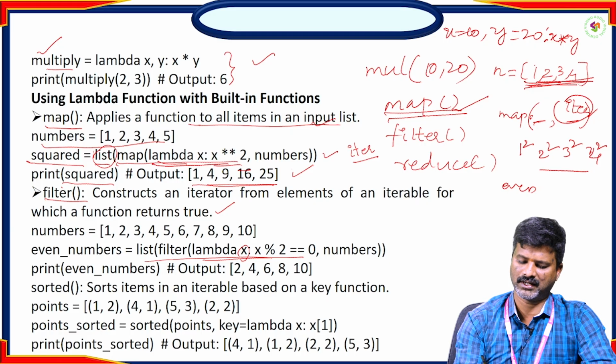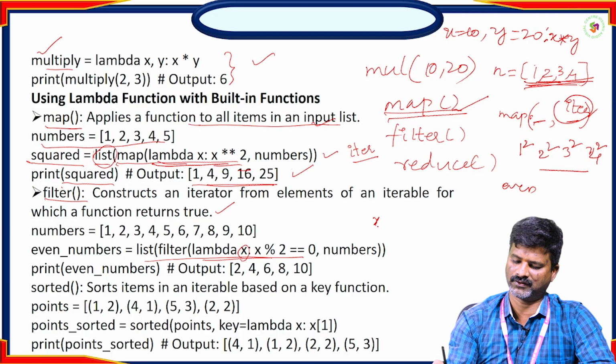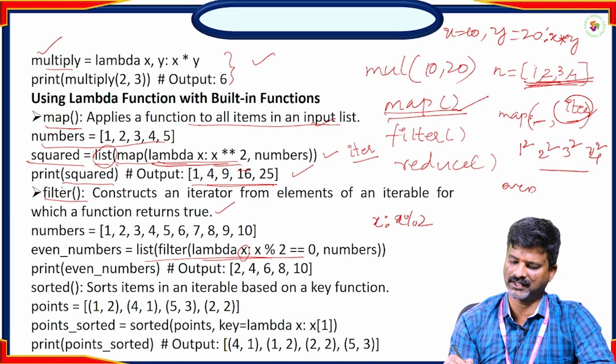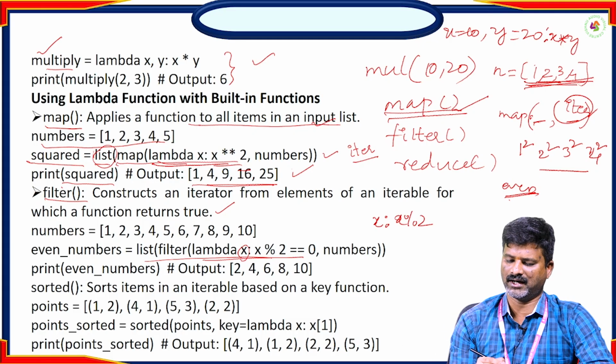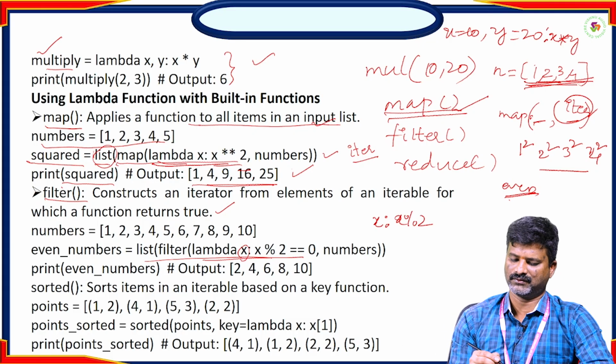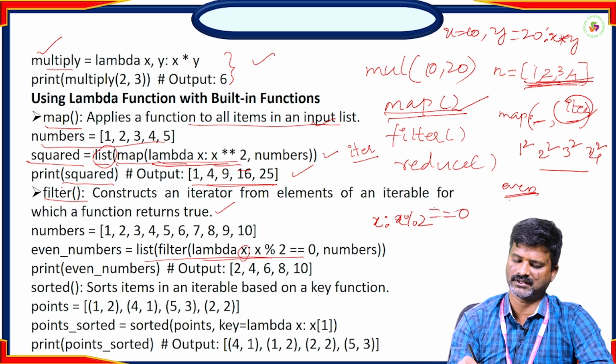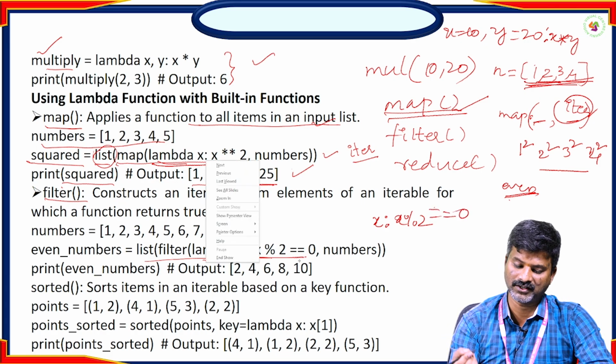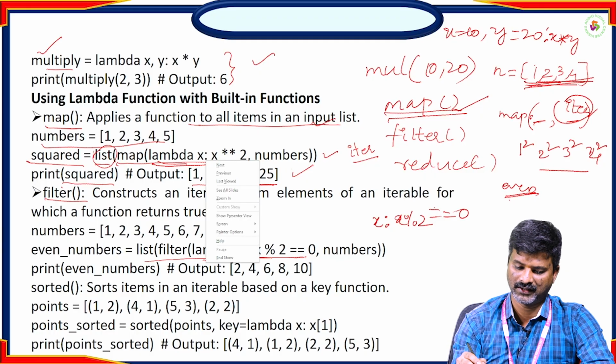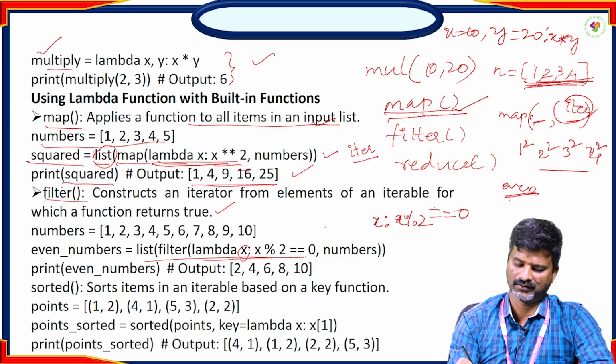The argument is that every time I need to take one element from the list. So x, only one parameter, and x mod 2, what is the condition here? Even numbers I need to filter. For that I am writing x mod 2 equals 0. If this condition is true, it returns true, and the corresponding value will be returned.